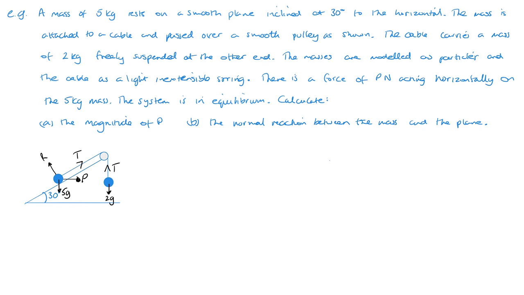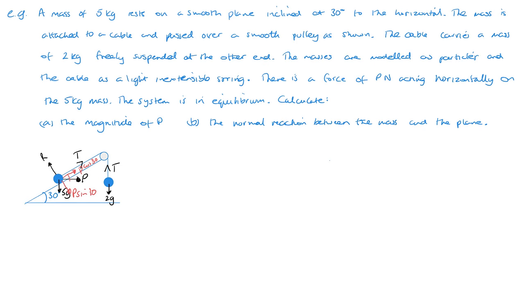So I'm just going to switch colours for a moment. I'm going to go to red to deal with my P, and I'm going to go perpendicular and parallel to the plane. So this is P cos 30 going up because this angle is 30 degrees. And then this will be P sine 30.